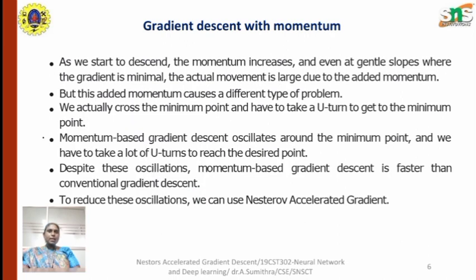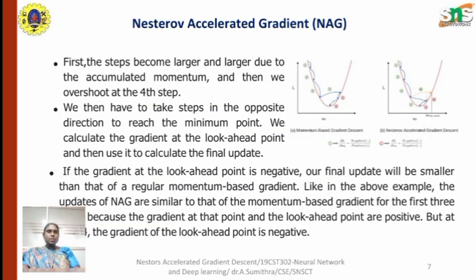Nesterov accelerated gradient, also known as Nesterov momentum, builds upon the idea of momentum introduced in gradient descent with momentum. It was proposed in 1983 and has become a popular optimization algorithm due to its faster convergence and ability to handle noisy gradients.